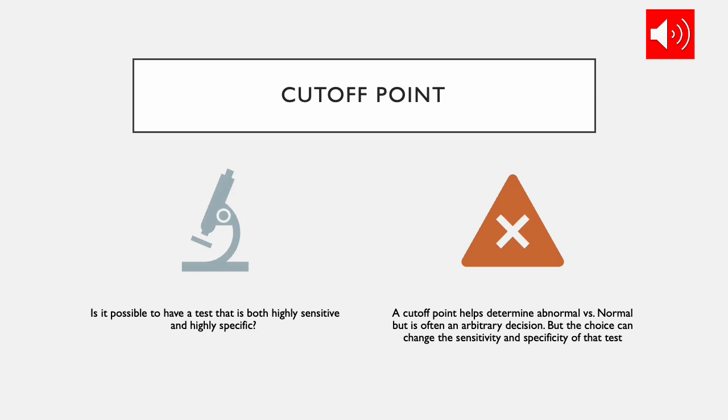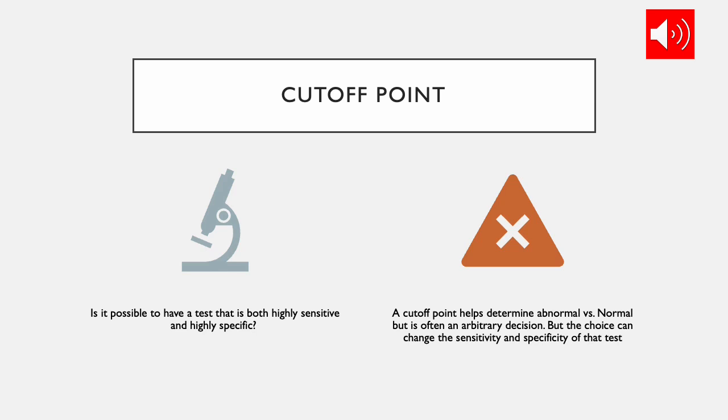These cutoff points are sometimes an arbitrary decision, but the choice can change the sensitivity and specificity of that test. Through lots of research, we've been able to determine things like blood sugar, because it's been studied so extensively, so we have pretty accurate cutoff points.